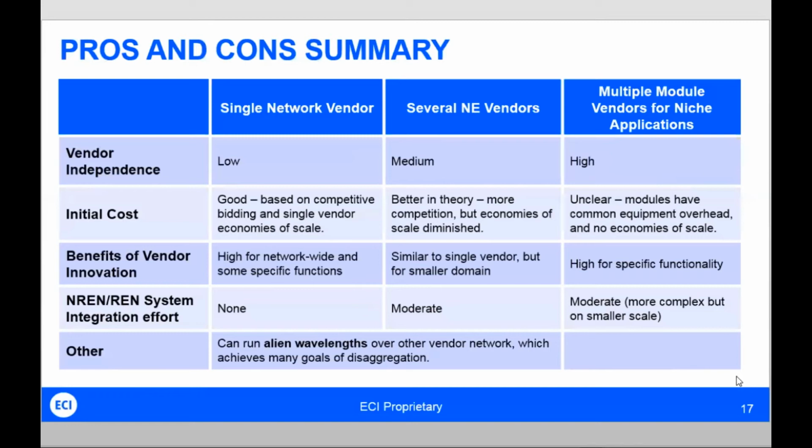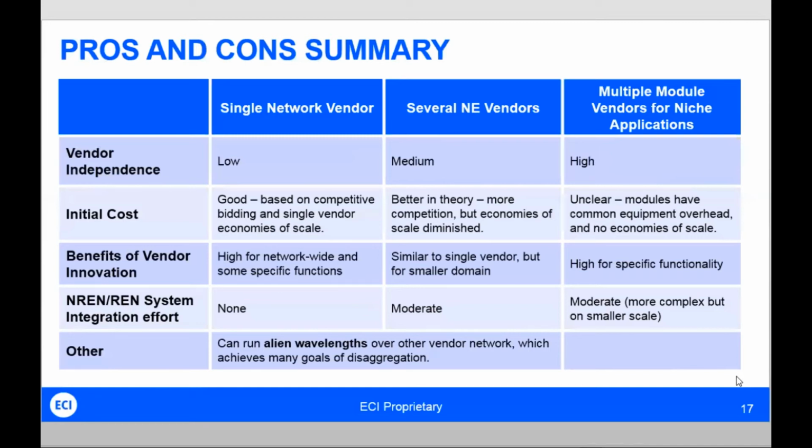Now, comparing apples to apples in terms of the equipment that you would get under a fully disaggregated system versus some of the higher levels of aggregation could be difficult, because some of the fully disaggregated systems might be totally stripped down in terms of any additional bells and whistles, for instance, such as integrated monitoring when you get within a more fully aggregated system. But it's feasible that within these niche applications you will get better costs. What about the benefits of vendor innovation?